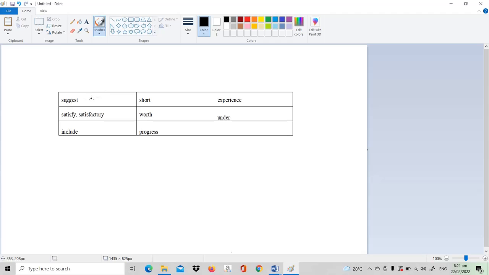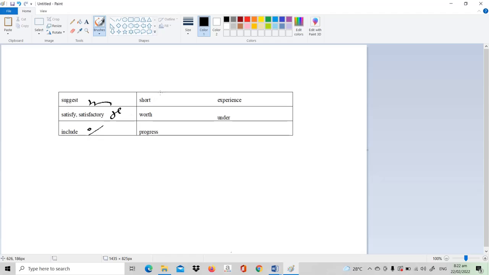Suggest, we have S-U-G. That's for suggest. Ulitin natin. S-U-G. Next, satisfy or satisfactory has the same stroke, and that is satis. That's for satisfy and satisfactory. Next, we have include. So, include. That's include.